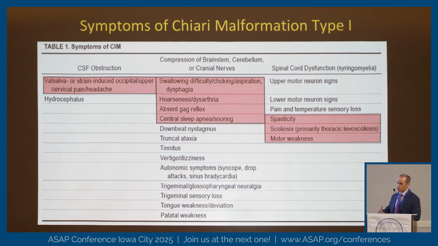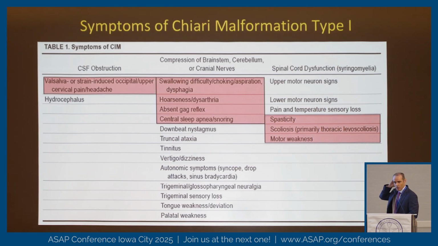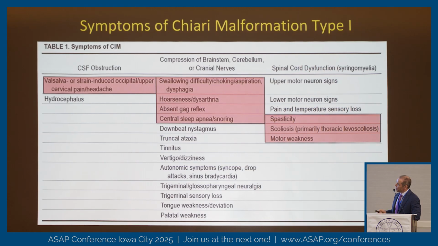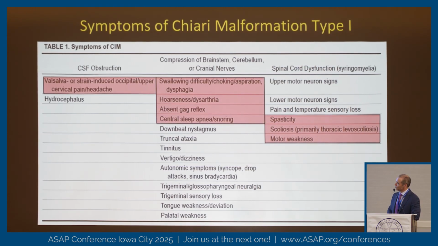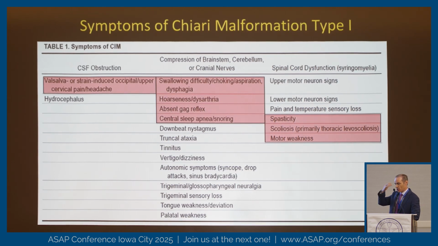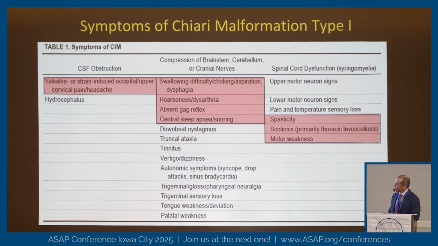So Valsalva maneuvers are straining, laughing, crying, sneezing, and it occurs right in the back of the neck here, right below the occipital, that bump you feel in the bone. That pain then can radiate to the front of the head and down the neck. Some patients will just complain of a Valsalva-induced headache, but maybe the headache is more in the forehead. Okay, that's pretty classic.